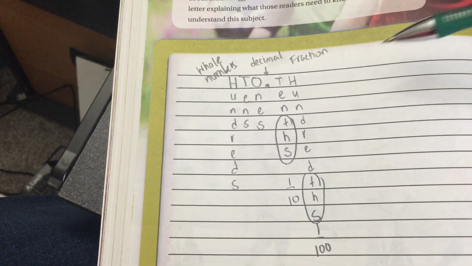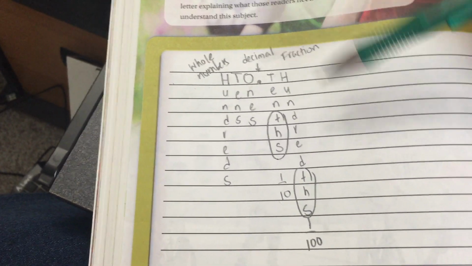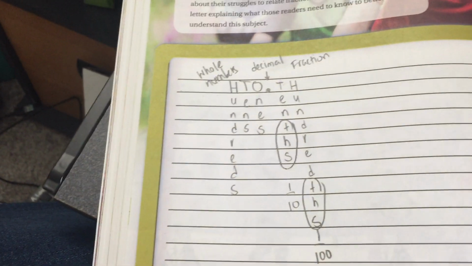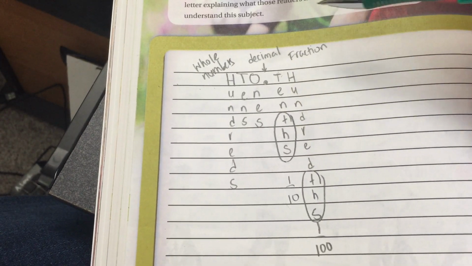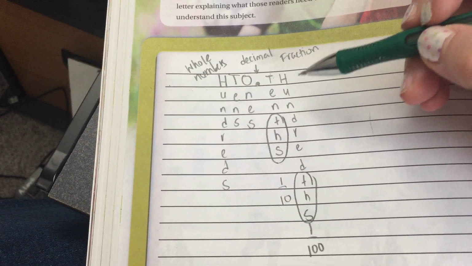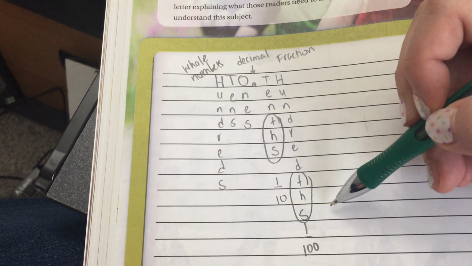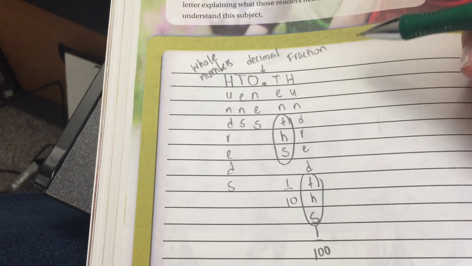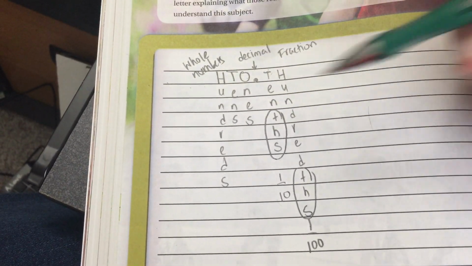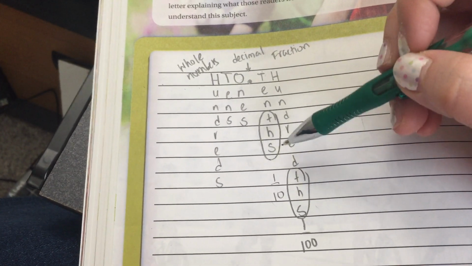This side goes the same way, but backwards. It starts with the tenths place, the hundredths place, and then it keeps going over. Then this becomes the thousandths place, then the 10,000ths place, and then the 100,000ths place. So it goes the other direction, except it's got the TH on the end of it, which is representing some kind of fraction.